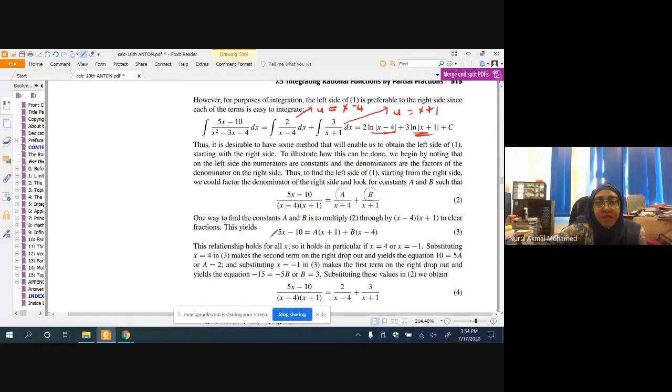Once you have this, you can let x equal to negative 1. If x equal to negative 1, this term will cancel out, right?